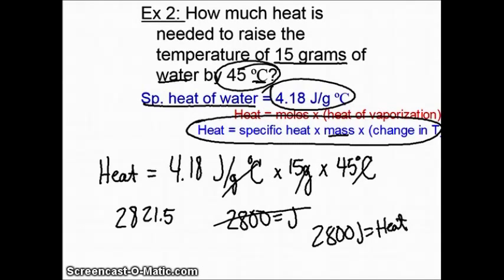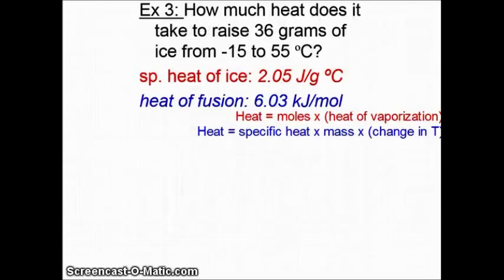Alright, so let's look at one last example here, and in this example we're probably going to use both equations. So in this example we have: how much heat does it take to raise 36 grams of ice to 55 degrees Celsius? So we have 36 grams of ice here, and we're raising it from -15 all the way to 55.